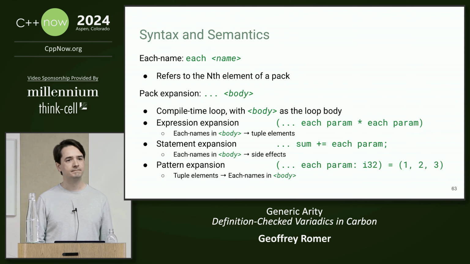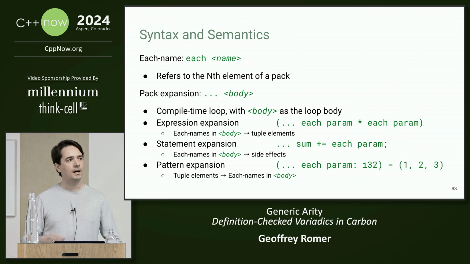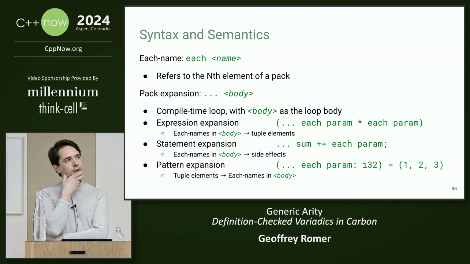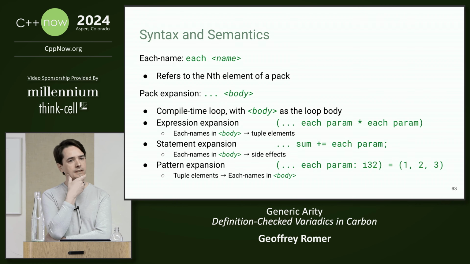And can these appear in struct bodies as well, or does it have to be in a function body? I think you'd need to use a lambda or something to put a statement inside a struct body. So you can't directly implement something like a std::tuple then.